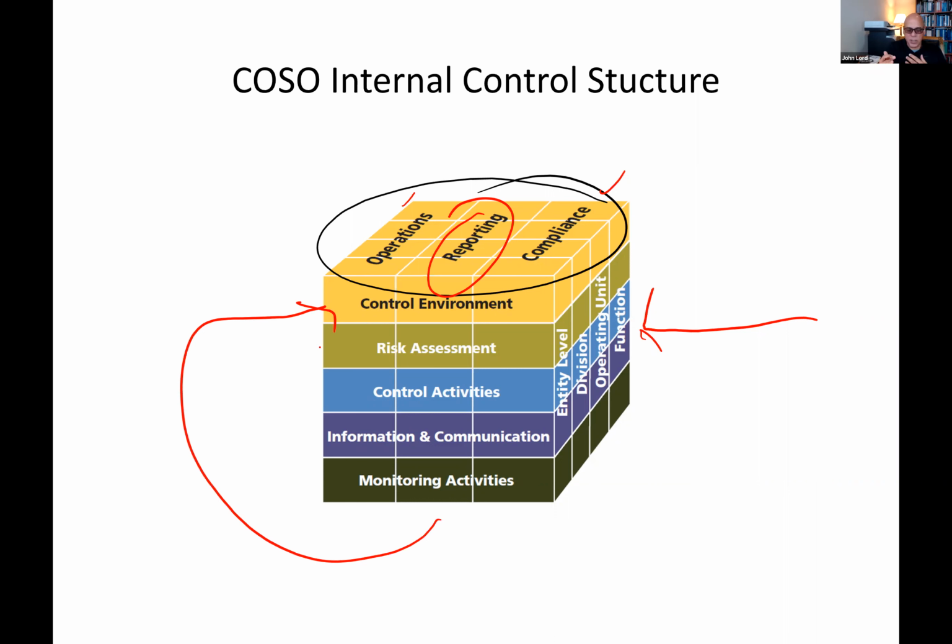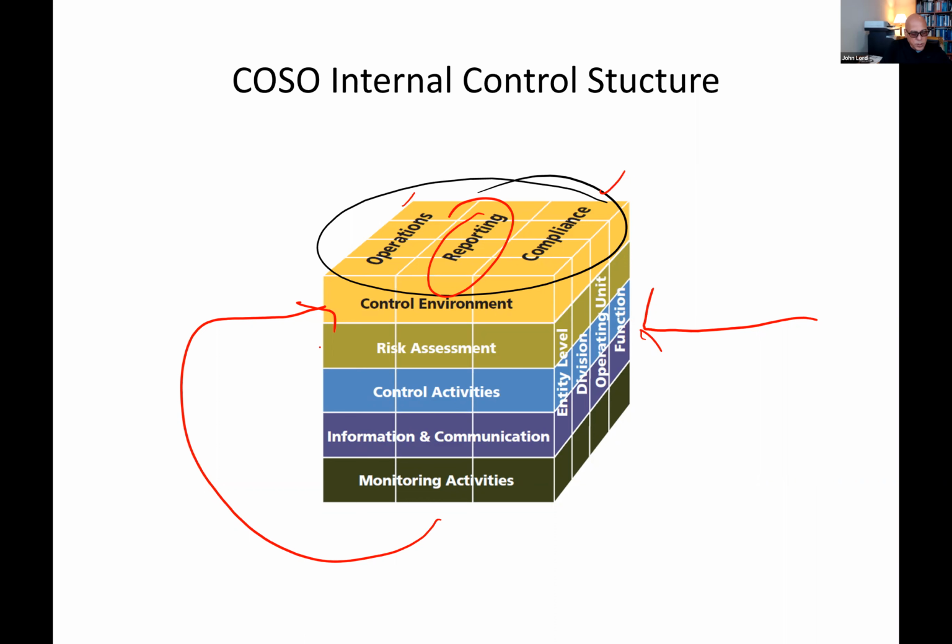We see if we need to make some adjustments. We look at our risks with those adjustments in mind, put the control activities in place, then communicate, and then we go ahead and monitor. So you could almost see this thing in a circle.